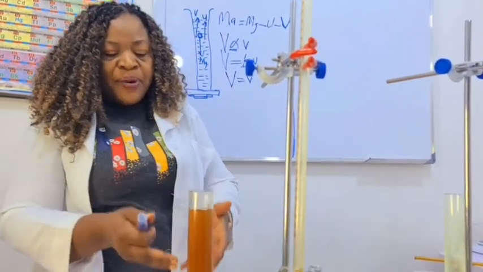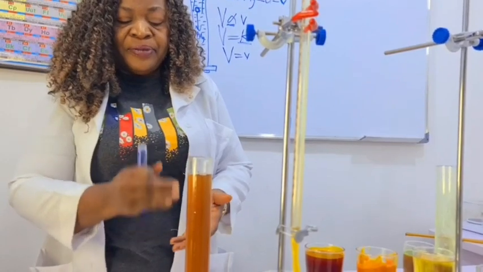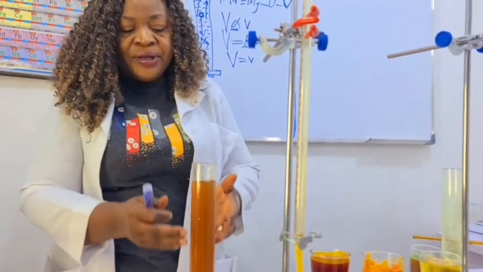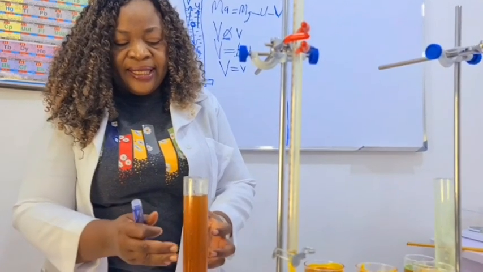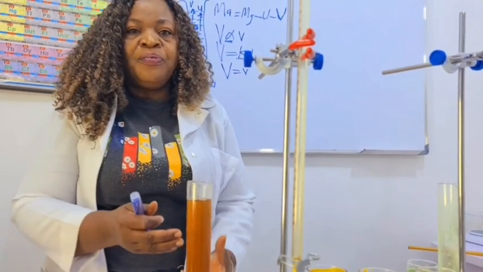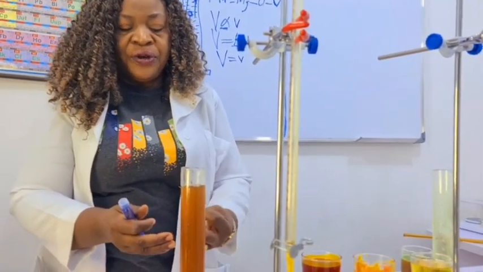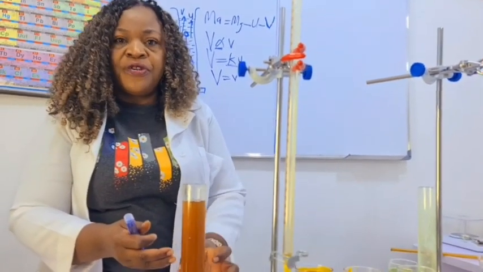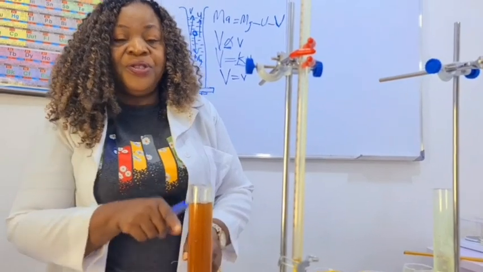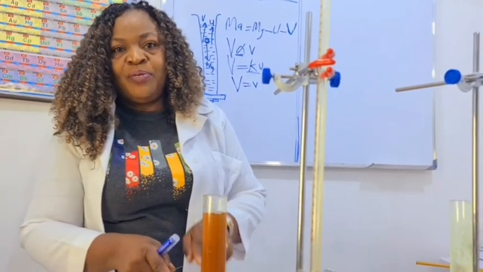And the ball bearing does not stop there, it continues to move down. And due to the weight and the pull of the gravitational force, a time comes when the viscous force is now equal to the weight of this ball bearing.